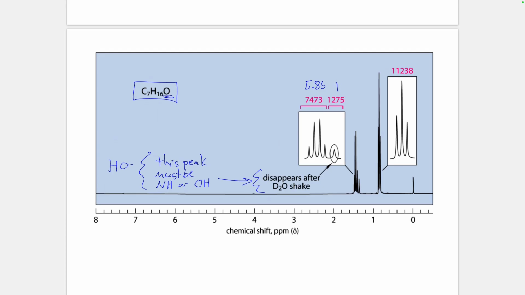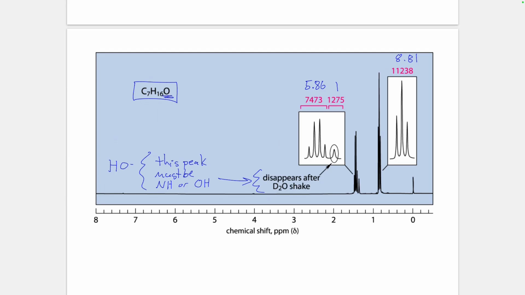Then I'm going to divide 11,238, the area of the far right signal, by 1,275. That gives me 8.81. So that's the ratio of the areas of these peaks, and it's trying to tell me how many protons of each type I have.